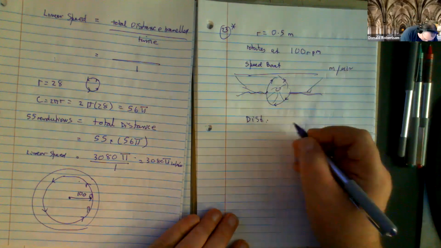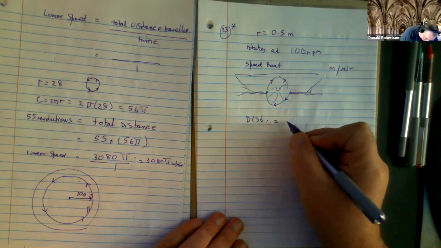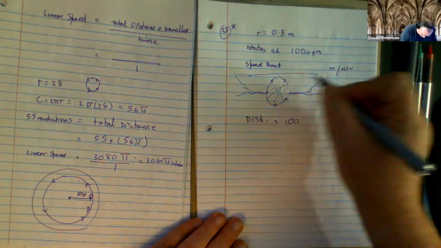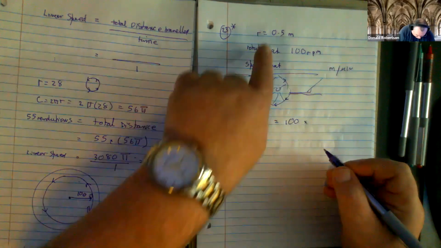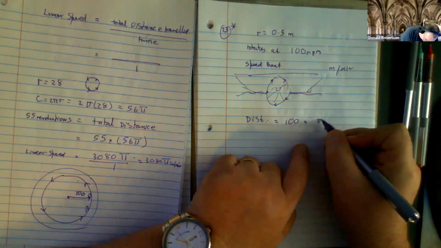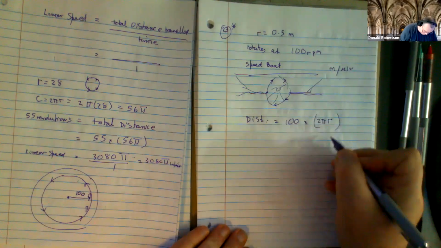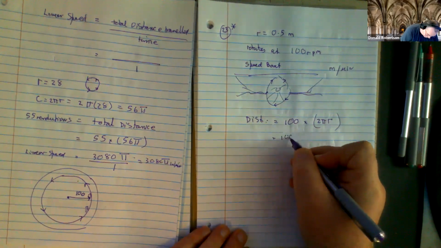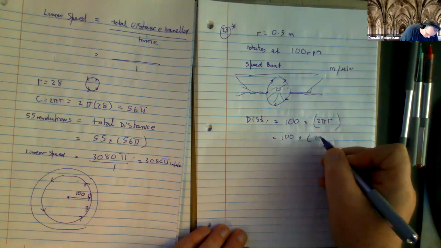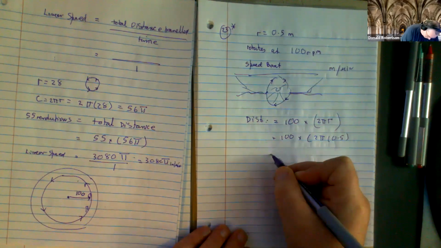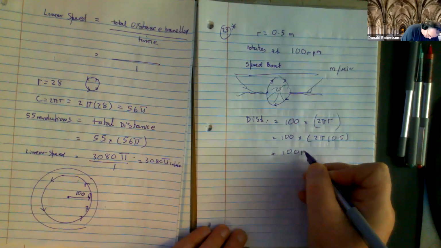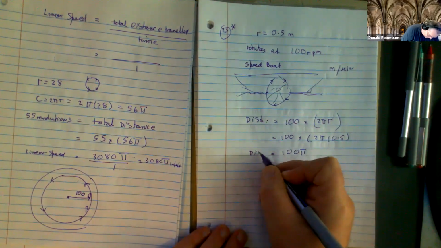So it's going to be very similar to what I've done. It's going to be 100 revolutions times one complete circle. Now, if you do one complete circle, isn't it going to be 2 pi radius? So it's going to be 100 times 2 times pi times 0.5. You couldn't make the numbers easier if you tried. It ends up being 100 pi.